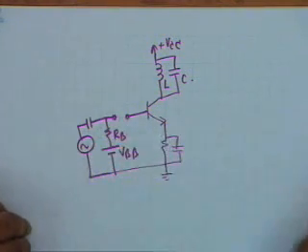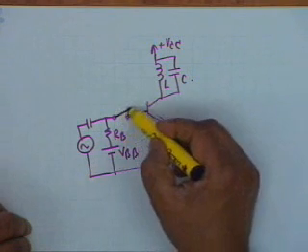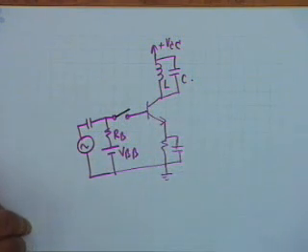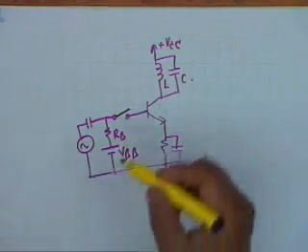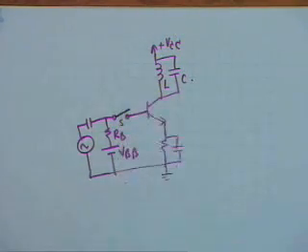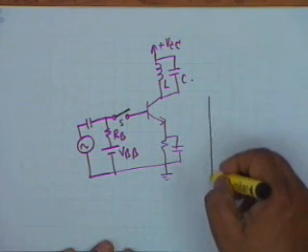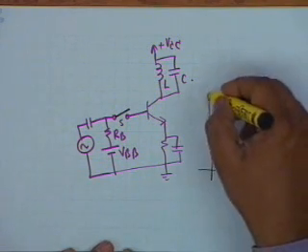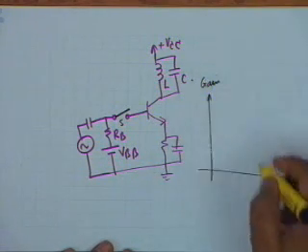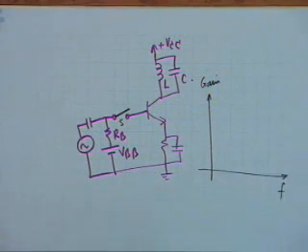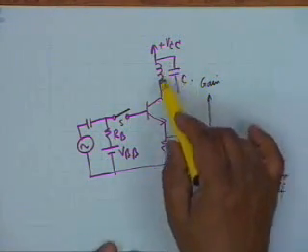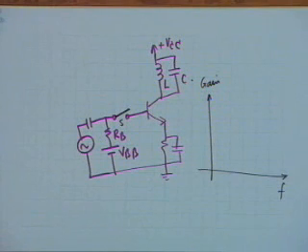Now, normally what we shall do is we will connect this point to this point. Suppose the switch S is closed, then can you tell me what the gain of this circuit versus frequency shall look like? The parallel resonance circuit has the highest impedance at the resonant frequency.